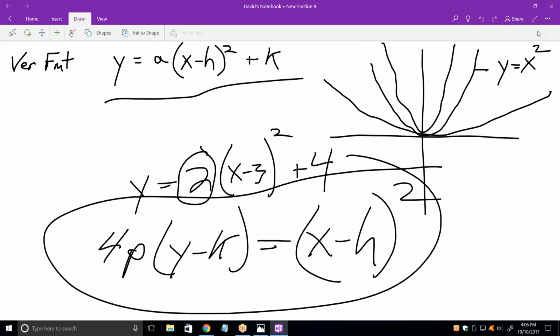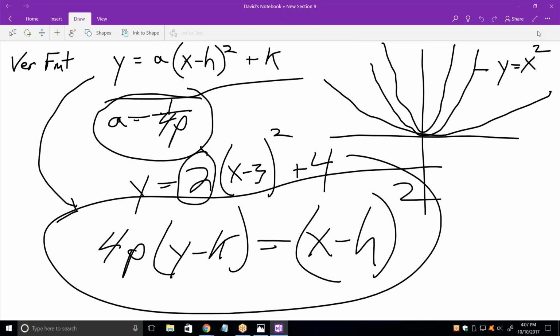Familiar with that? Okay. Now, the only difference between these two formats is that a is equal to 1 over 4p. That's it.